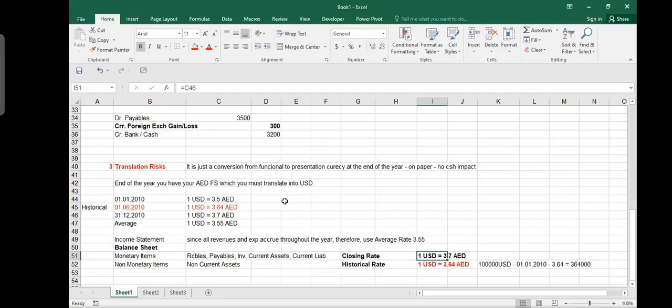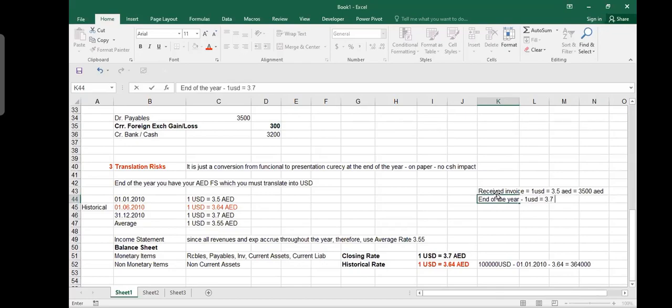When you receive the invoice, at that date you have 1 USD equals 3.5 AED. So you book your liability as 3,500 AED. But then at the end of the year, you have 1 USD equal to 3.7 AED.